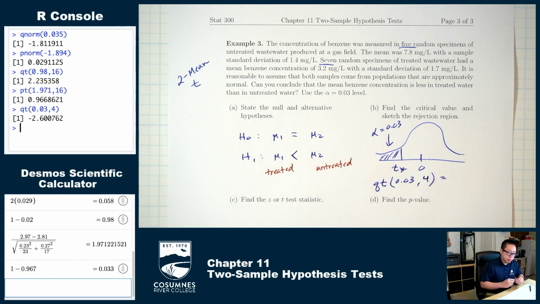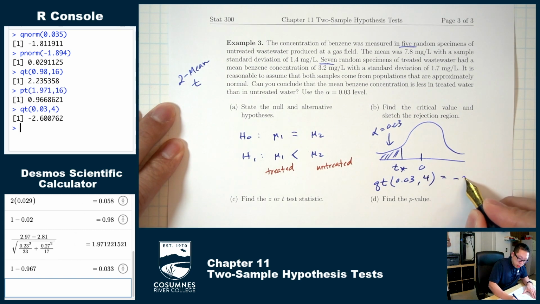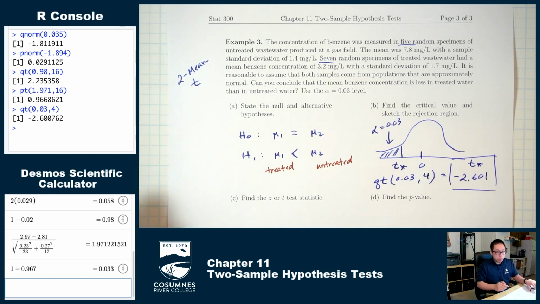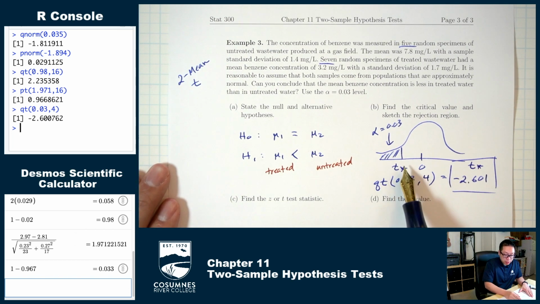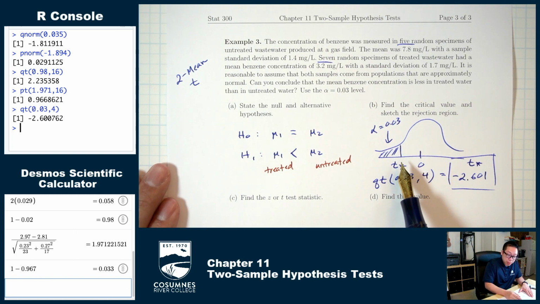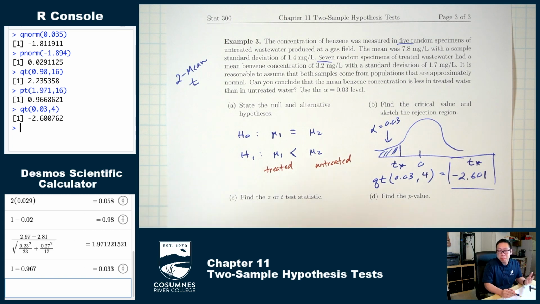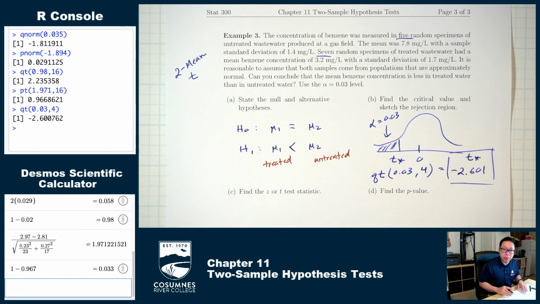Negative 2.601. Okay, and that's a T star. Make sure it matches your picture. This is shaded left. I do expect a T star that's on the left side, so I do expect a negative answer. If you get a positive answer, if you stick a negative, that would probably work. Okay, make sure it matches your picture.